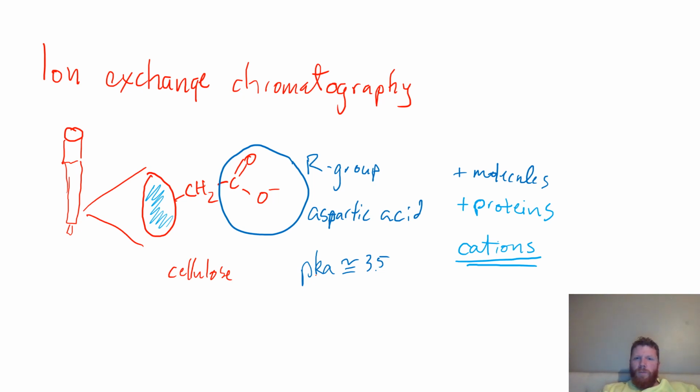So if we had a negatively charged group permanently affixed to the bead, this would be cation exchange chromatography. So this is known as cation exchange chromatography.